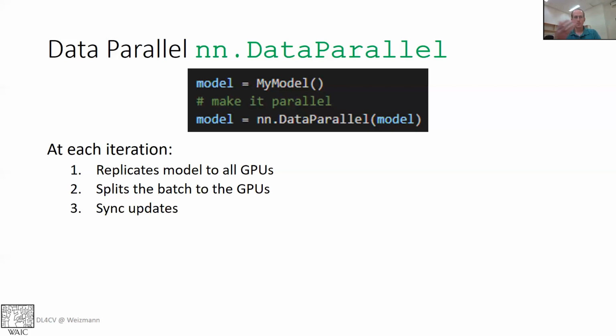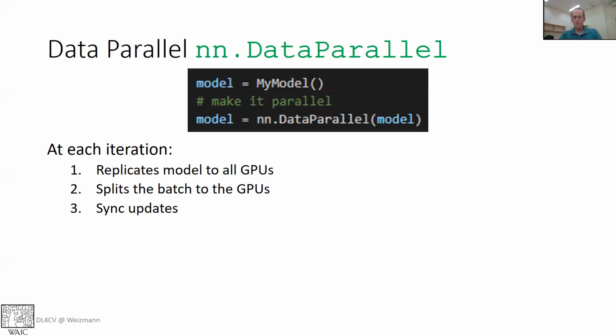And once we compute an update, the optimizer wants to update the weights. DataParallel synchronizes these updates for us, takes care of all this communication between the different GPUs, and makes sure it has only one single synchronized master copy for itself.